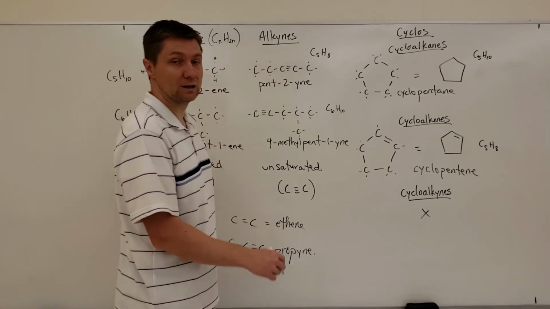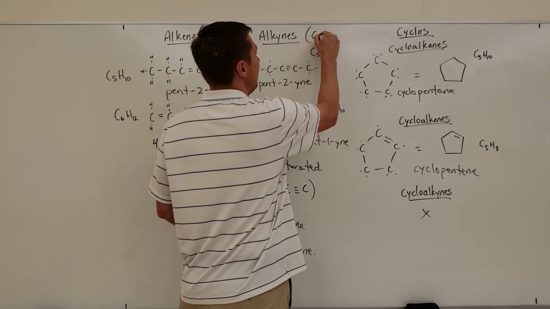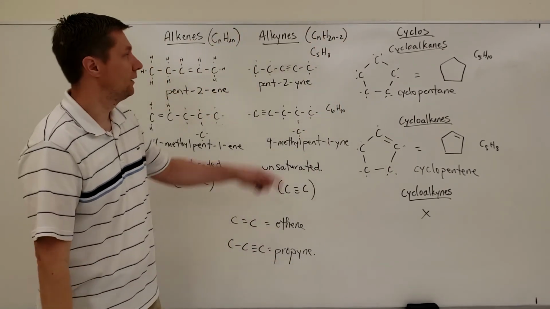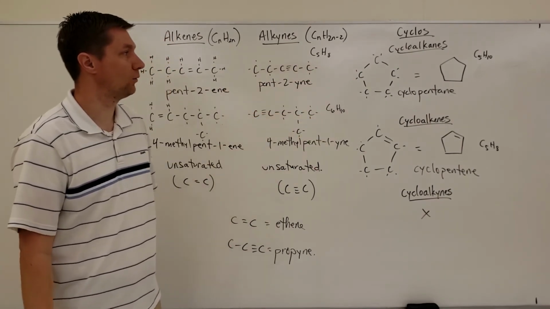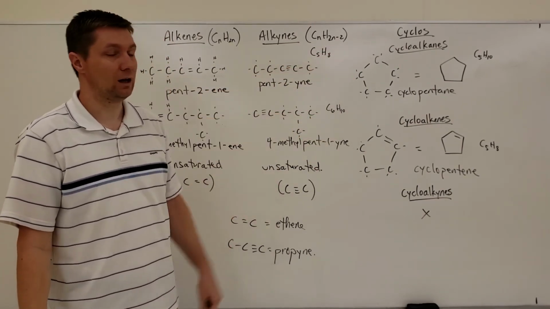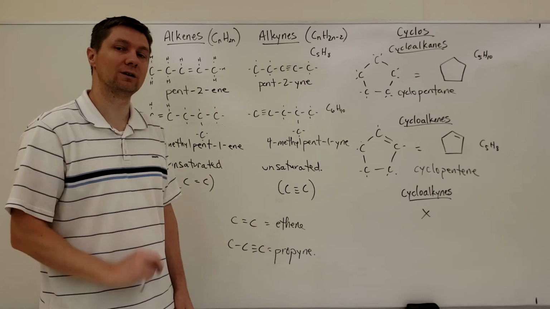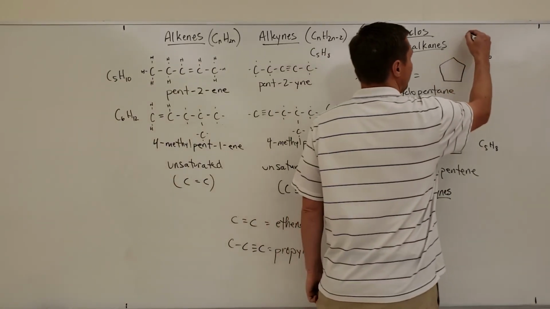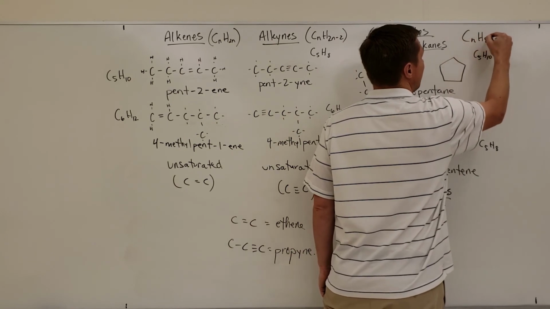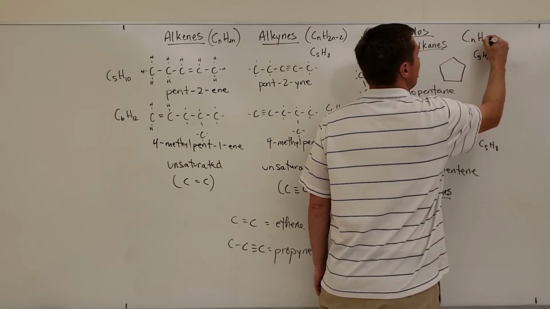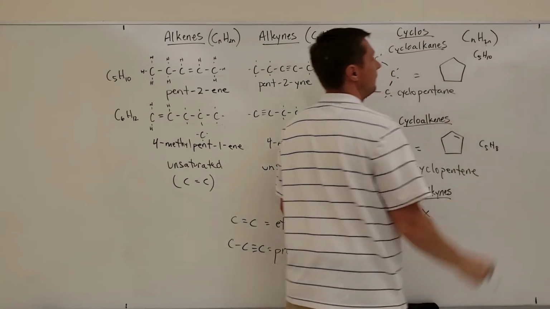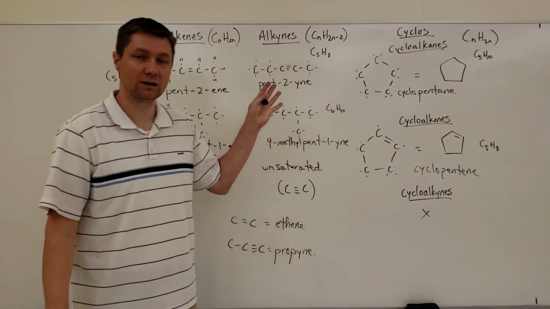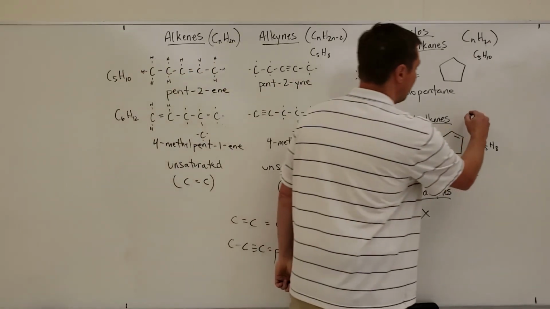Alkynes have a chemical formula of CnH2n-2. And you can see these two follow that formula as well. Cycloalkanes, because they're isomers of alkenes, are going to have the same generic chemical formula as well, CnH2n. And cycloalkenes are isomers of alkynes, so they would have the same generic chemical formula.